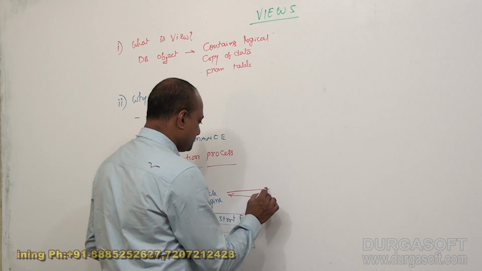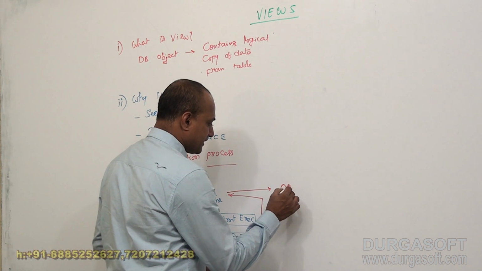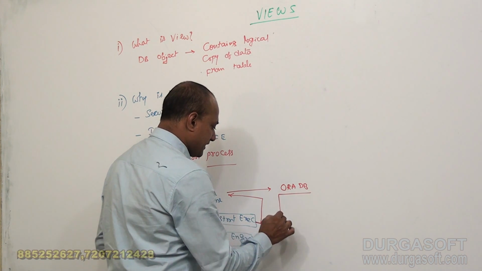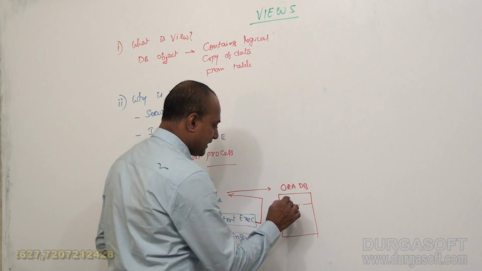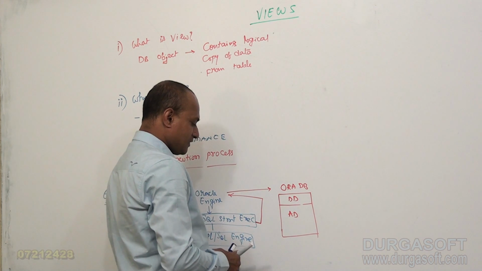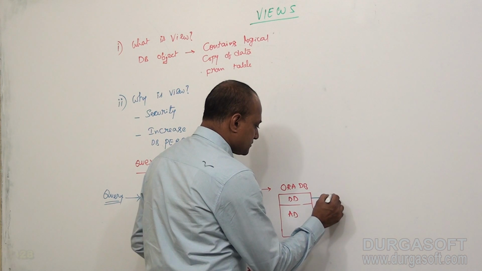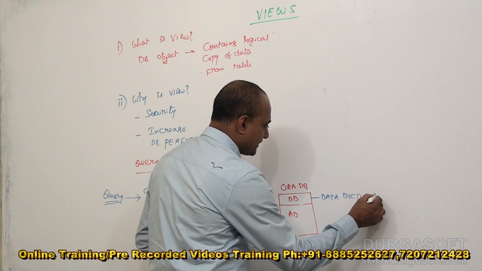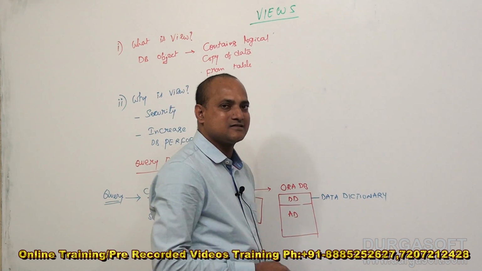The Oracle engine is communicating with the Oracle database. The Oracle database has two parts. One is the data dictionary, and the other is the actual data. What is DD? Data dictionary, remember. The data dictionary contains metadata.